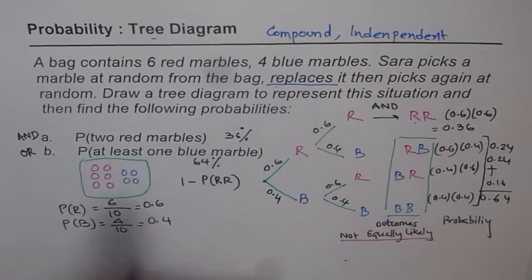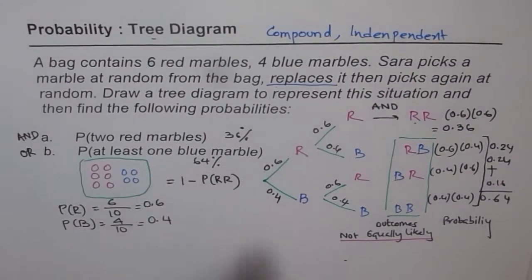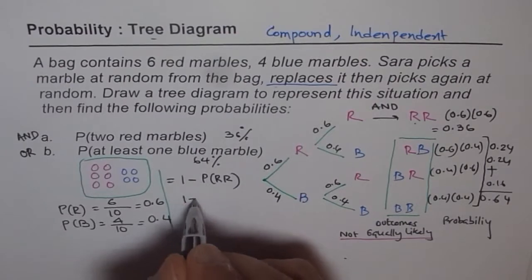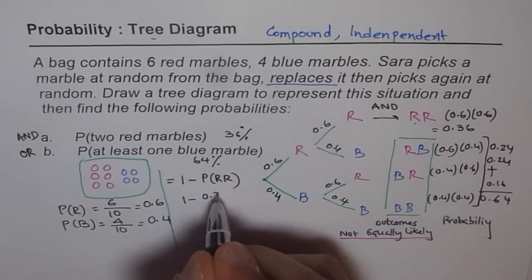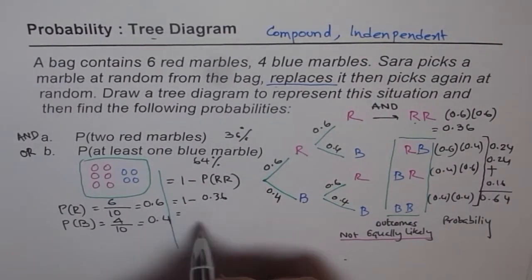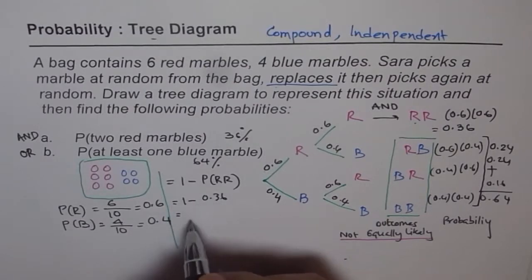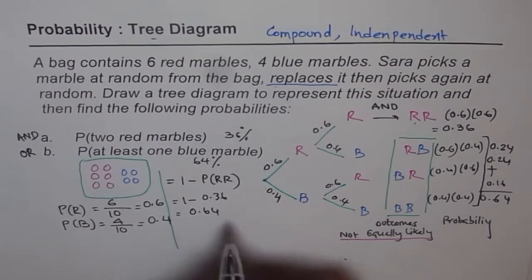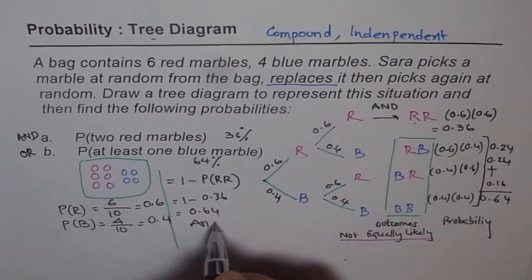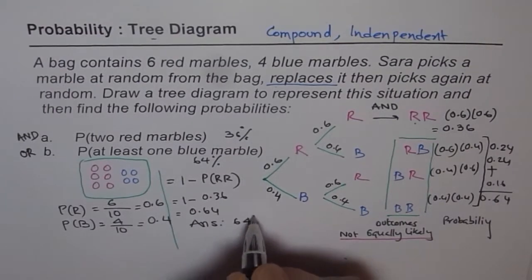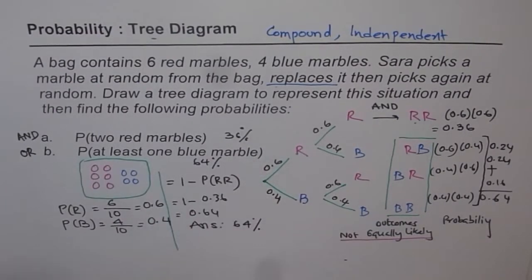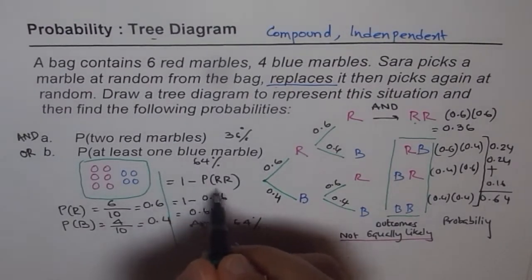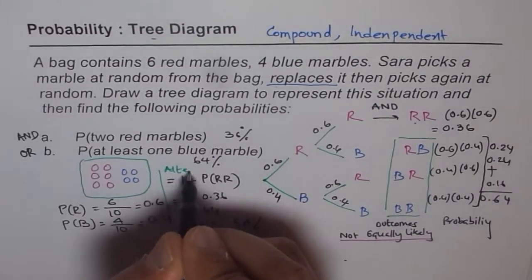That is at least one blue, right? So we can write this as 1 minus 36%, or 0.36, which is 0.64. So that gives us the answer 64% for part B. Do you see that? So that's an alternate way of doing it. I should say that is the main way of doing it. Let me write alternate here.